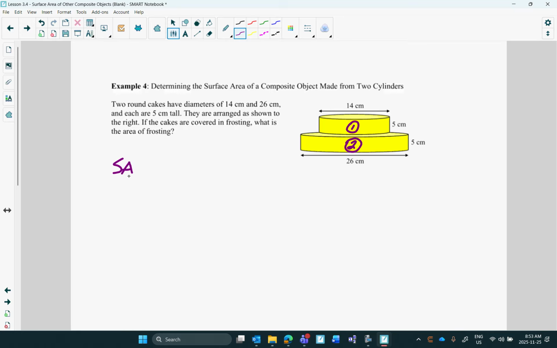I'm going to find the surface area of the first cylinder. Remember the formula? 2 pi r squared. So 2 times pi times, careful, 7 squared, plus 2 times pi times r, which is 7, times the height of that top layer, which is 5.